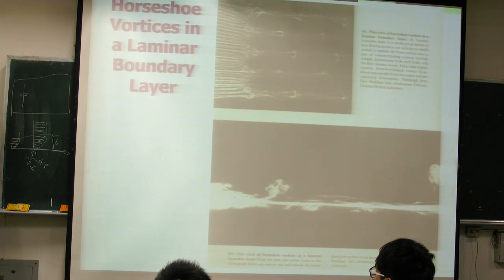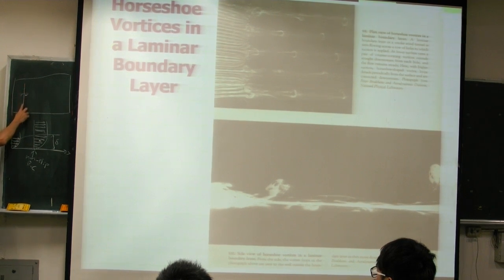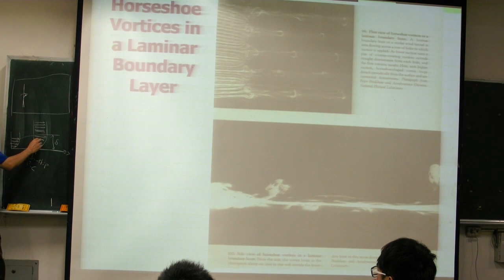Once you have a small fluctuation inside the flow field, what happens? If this vortex line has a small fluctuation, it gives you this: the vortex line becomes kinked, it turns and has a small wrinkle.